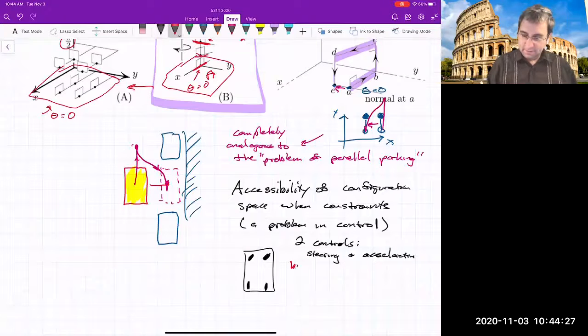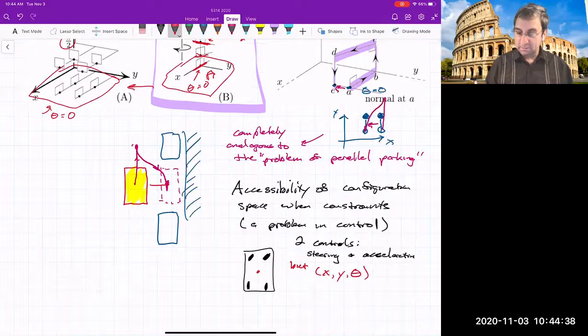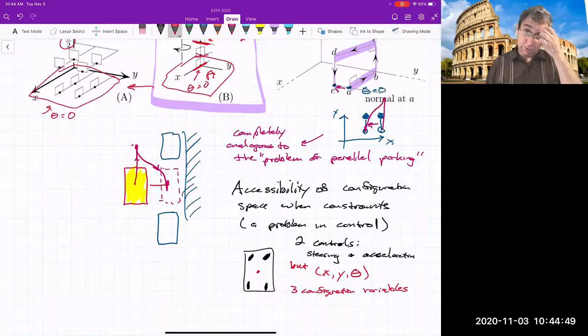But to get the car in any old configuration, there are three variables. You've got X and Y, the center of the car, and the car's orientation. So you have three configuration variables. And there's fancy stuff that controls people do to figure out, if you've got fewer controls than configuration variables, is every X, Y, and theta accessible?